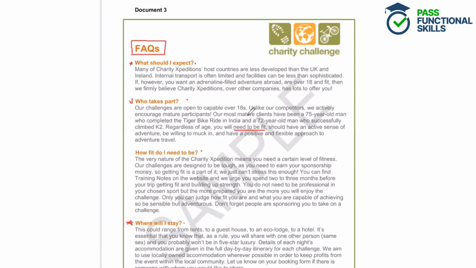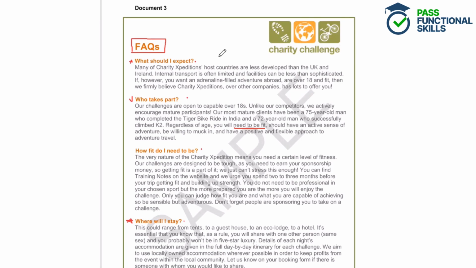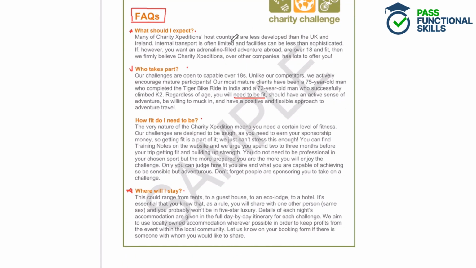So if we scan the text for any mentions of this company being better than other ones, we will find that charity expeditions over other companies has lots to offer you. So it's over other companies, it's better, it offers you more. So that's an example of company bias there.